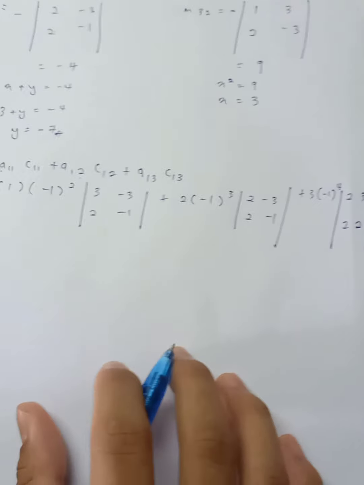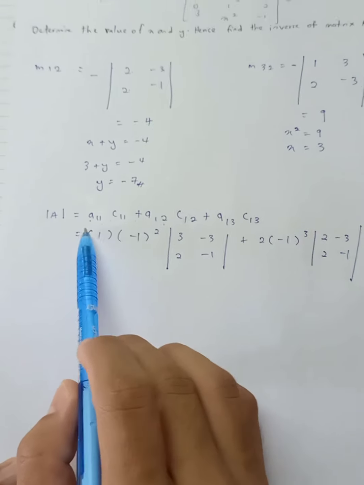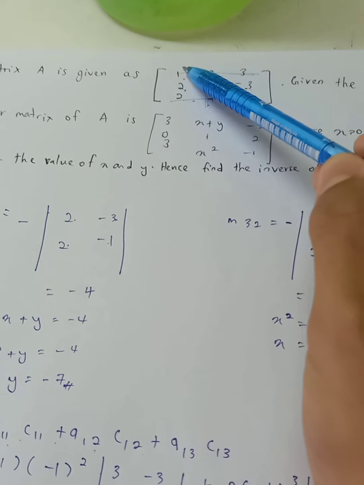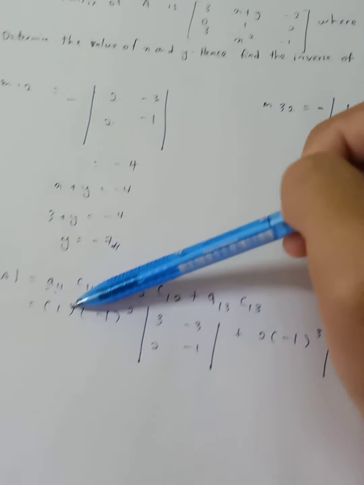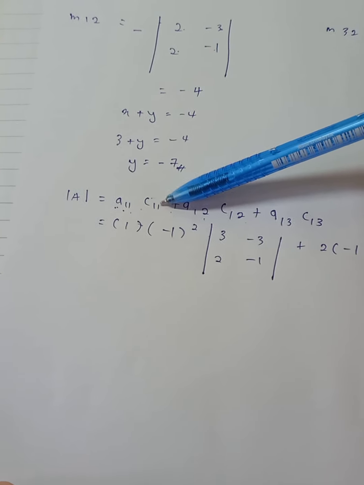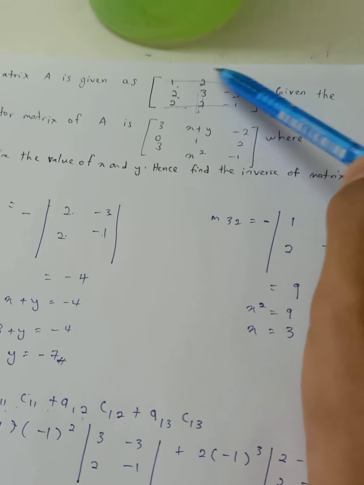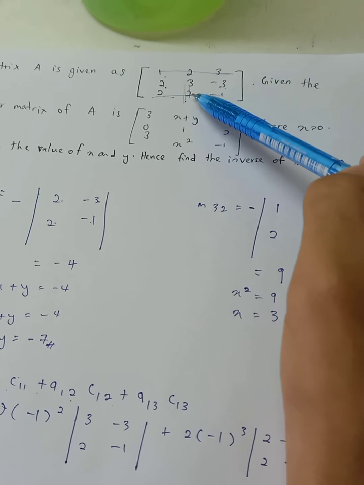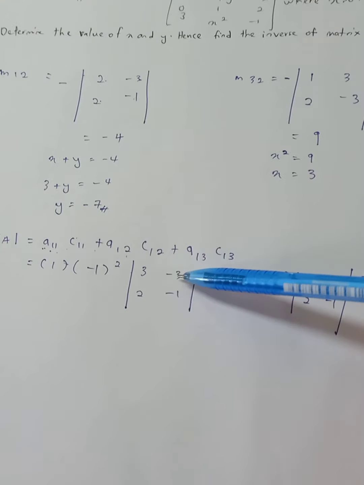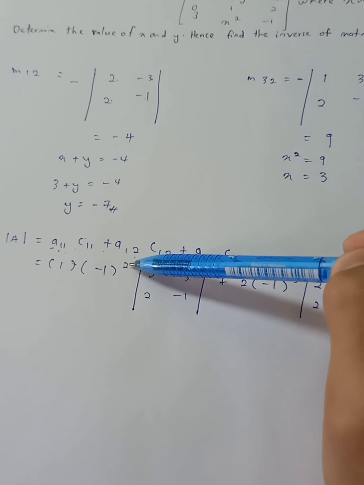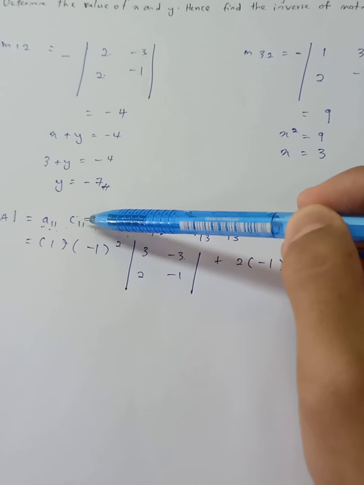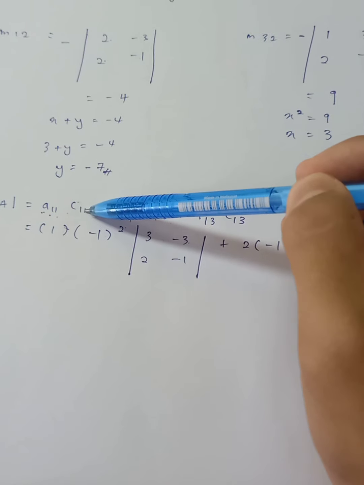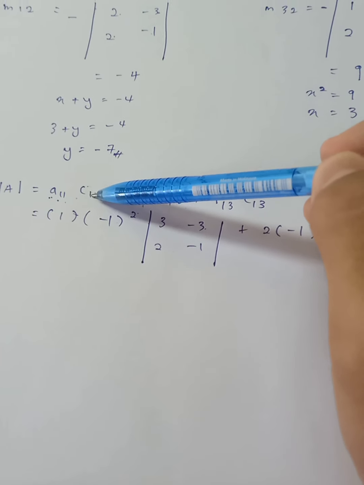So how do we write this? From the matrix given, A11 is 1. For C11, we highlight this and we get the matrix 3, negative 3, 2, negative 1. Negative 1 to the power of 2 comes from adding the indices 1 plus 1.